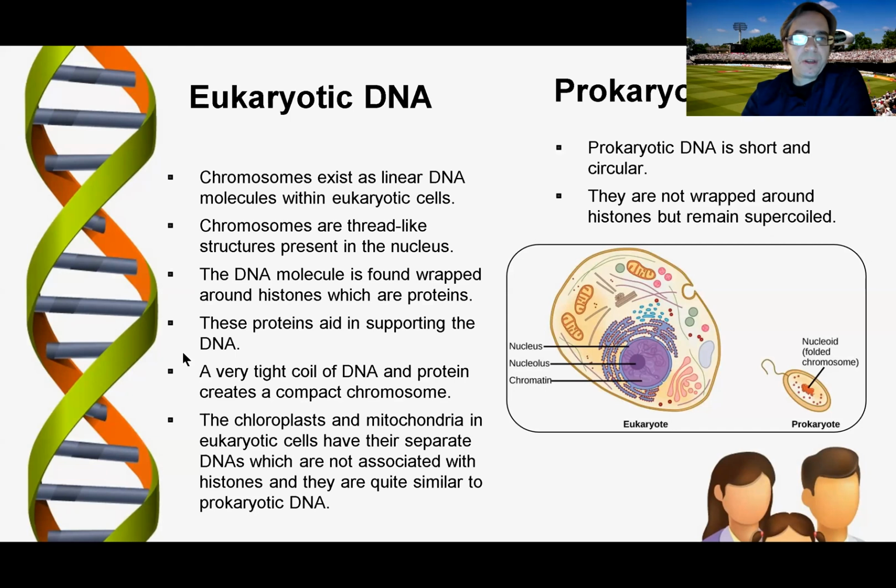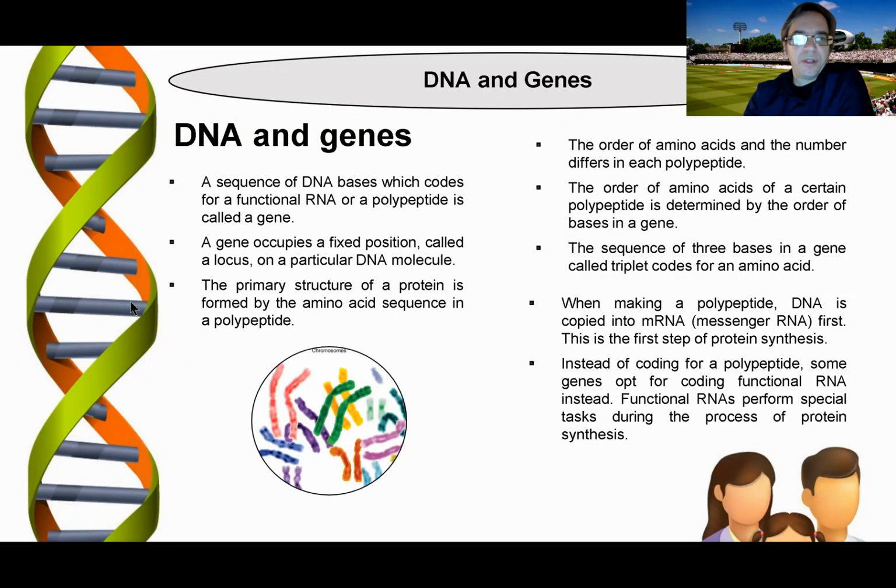So a little bit more, we're going to go into more about genes now. So what are genes? A sequence of DNA bases which codes for a particular functional RNA unit or polypeptide. And a gene exists at a particular position, or locus, in a DNA molecule, formed by a particular polypeptide.